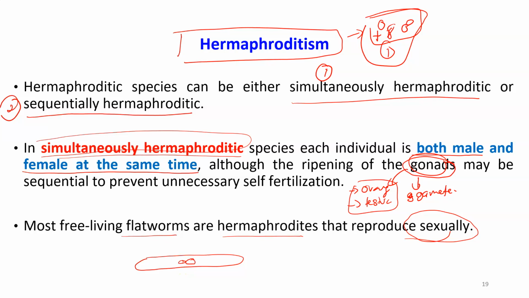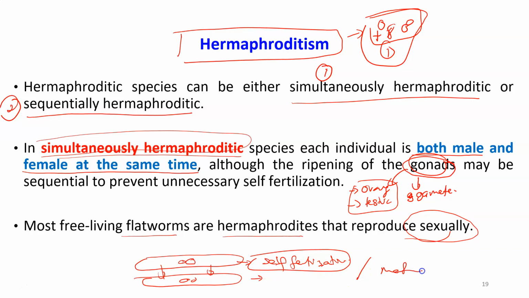This flatworm is capable of undergoing self-fertilization and also fertilization through normal mating. You can have another flatworm, so they can mate to produce fertilized eggs to form the offspring. So it can be both, self-fertilization or mating.